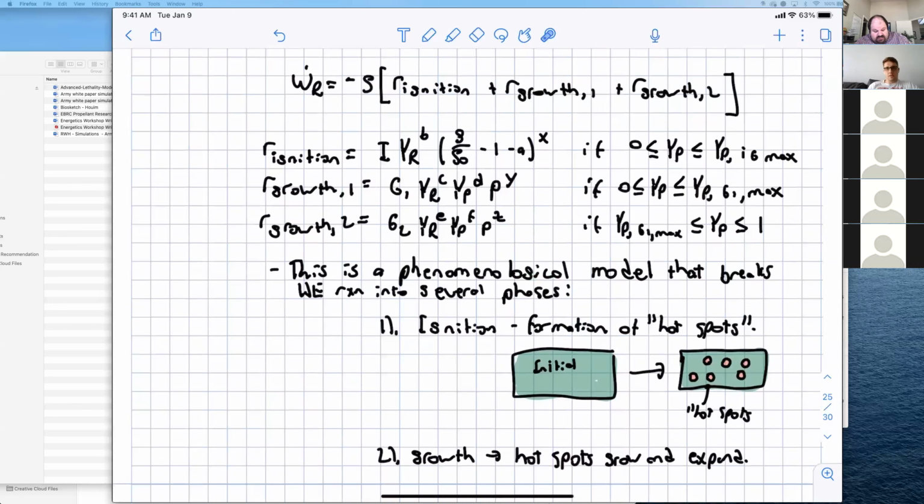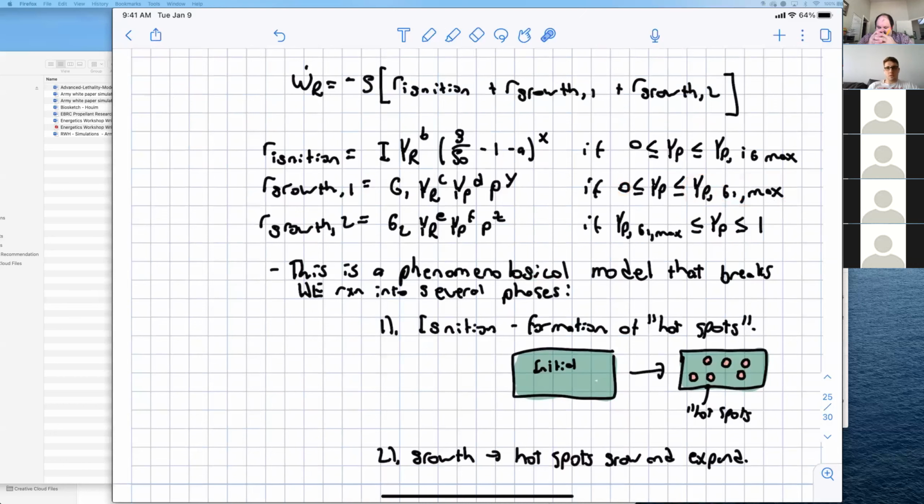Is basically if the mass fraction of the products is between 0 and basically whatever this sort of constant is here, that's also a constant. You're basically assuming that the sort of bubbles are... I think he's assuming that the hotspots are growing basically independently, they're not interacting with each other yet.